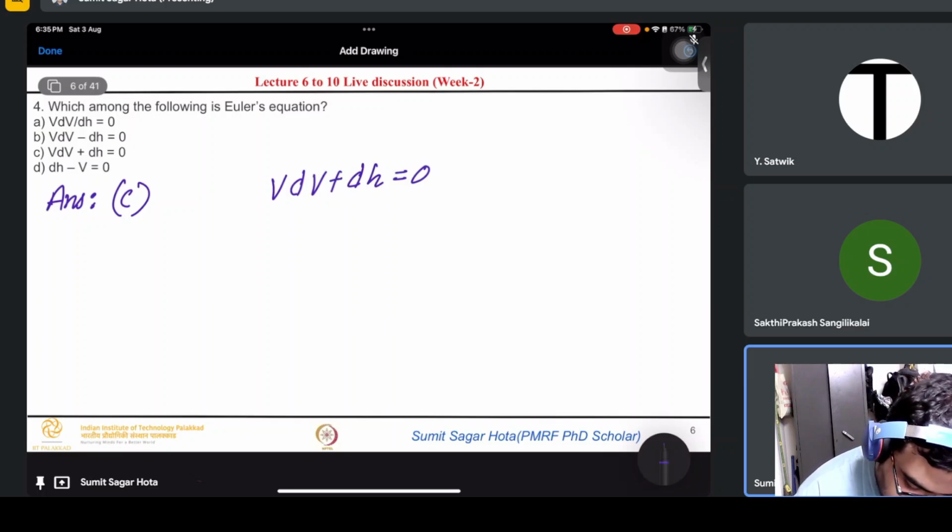These are all specific quantities. This is a specific volume and this is a specific enthalpy.